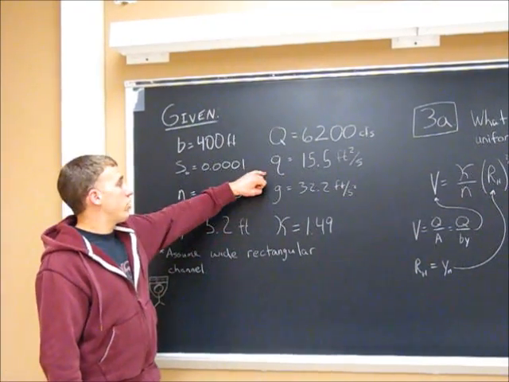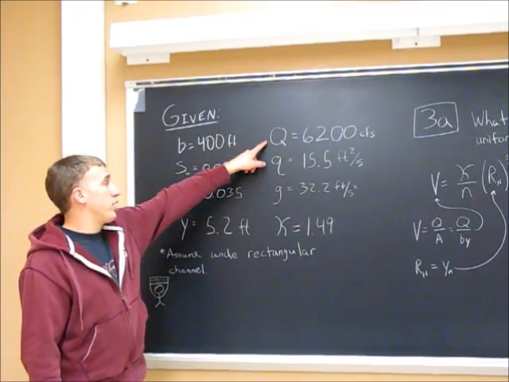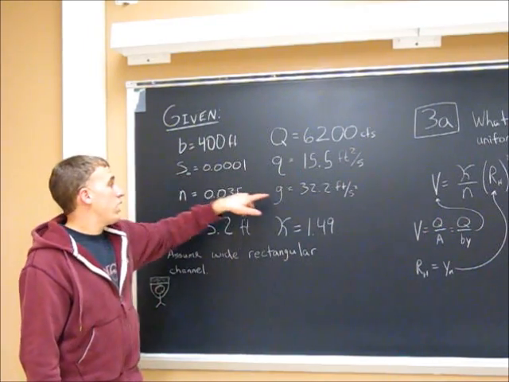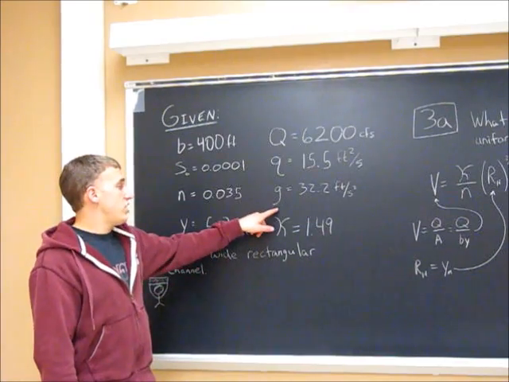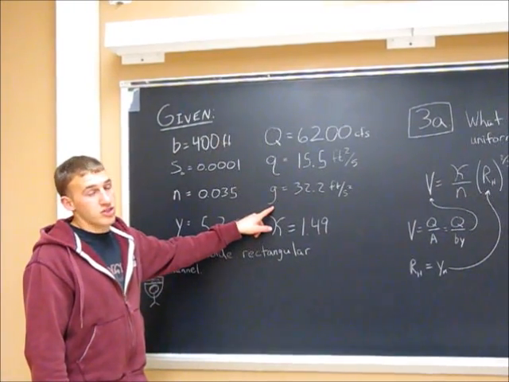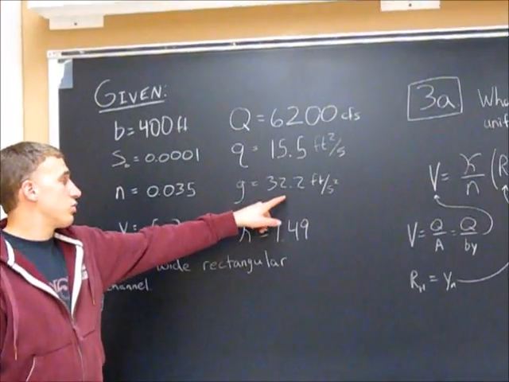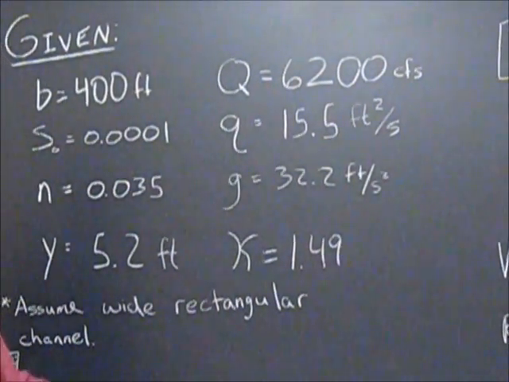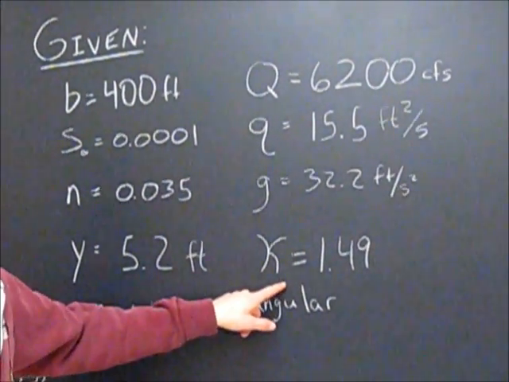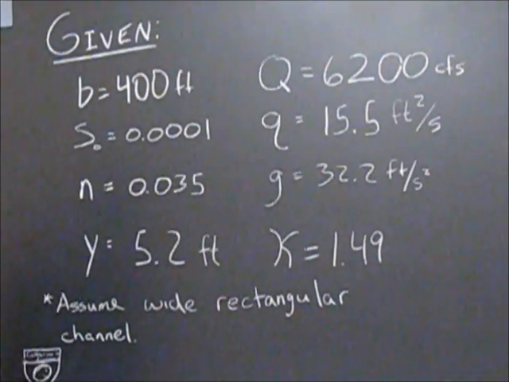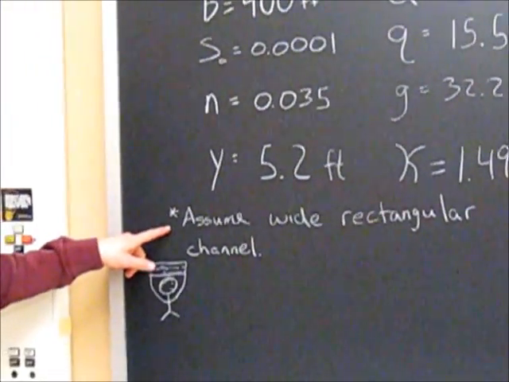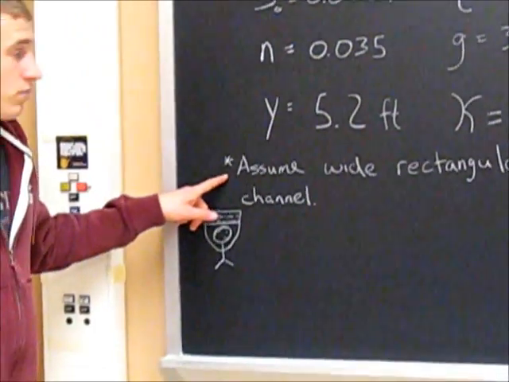This little q value here is big Q over B, and that's equal to 15.5 feet squared per second. G is the acceleration due to gravity, and it's equal to 32.2 feet per second squared. And then kappa is also in Manning's equation, and it is 1.49 for the English units. Now again, we're assuming that this is a wide rectangular channel.